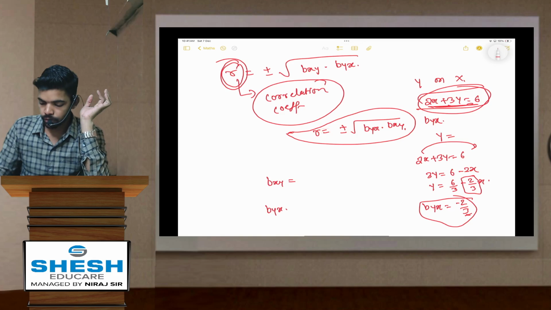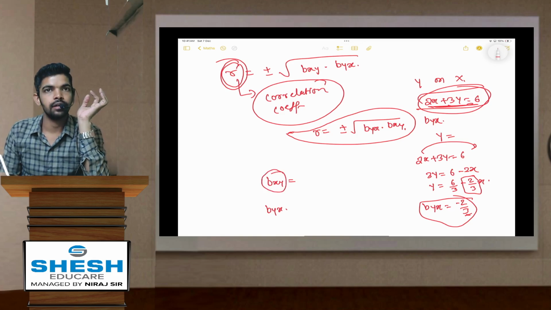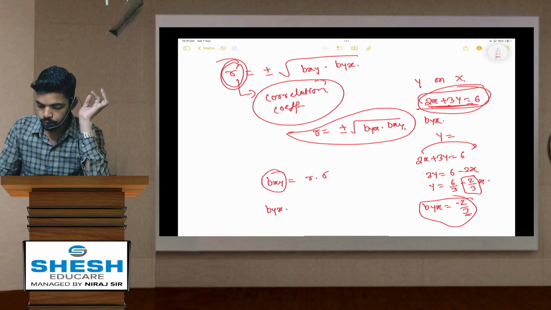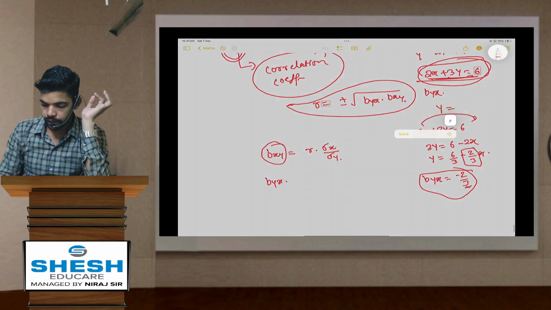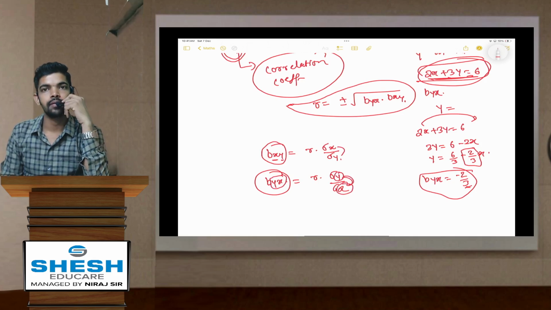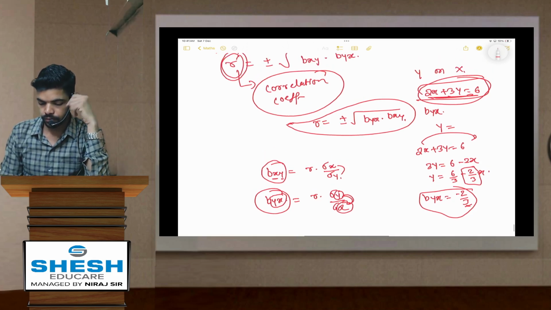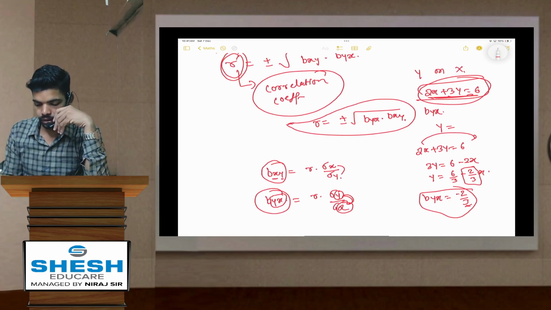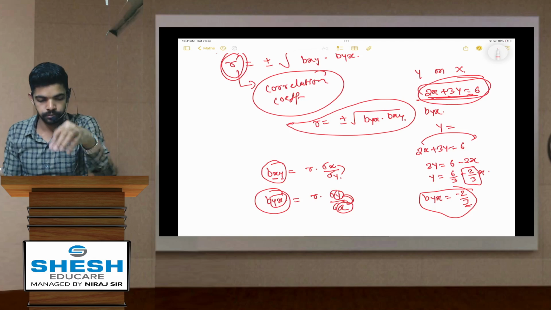Now another formula: bxy, कैसे फाइंड करते हैं? r into sigma x upon sigma y. This is the formula, and here byx is r into sigma y upon sigma x. See, first x then y, therefore x and y. Here what you have? Yx, so y upon x, y and then x. So this was about regression coefficient.